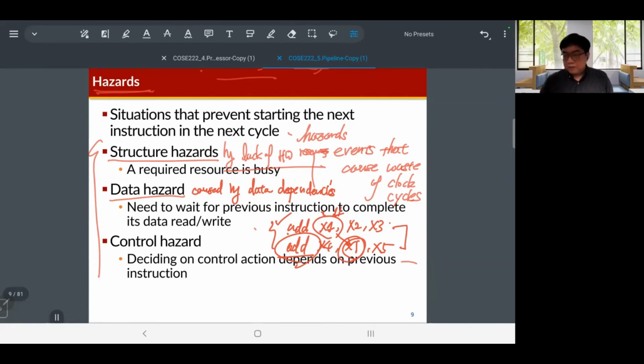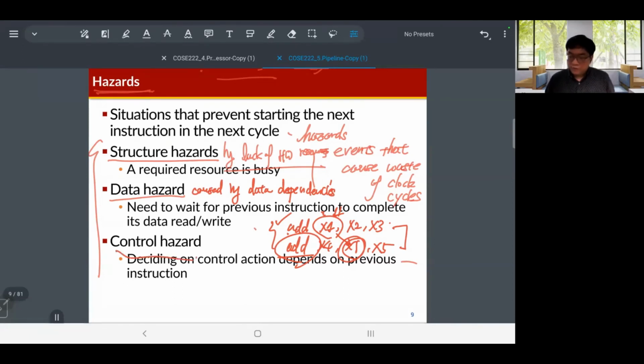A data hazard means that clock cycles are wasted by this data dependency.